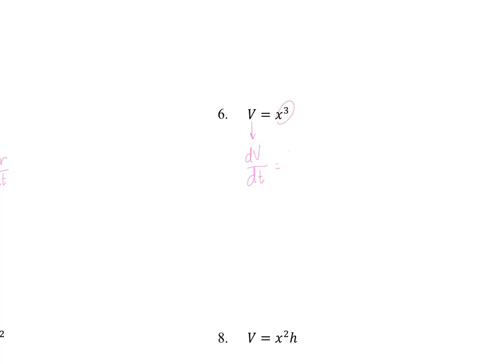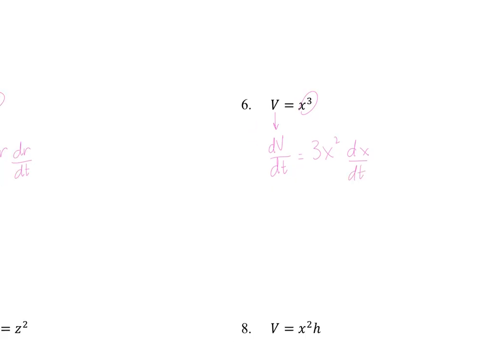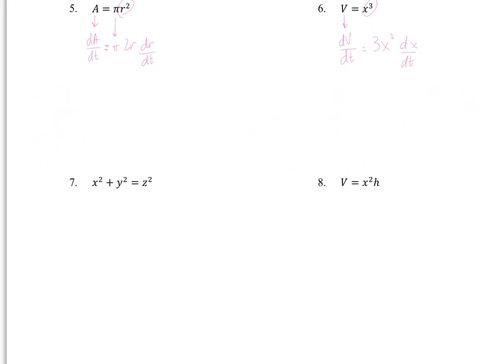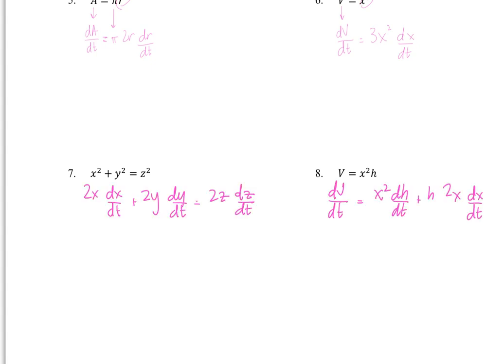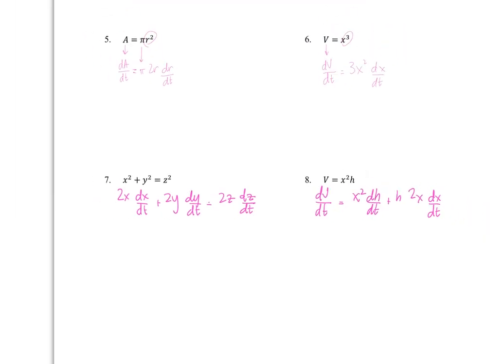And then this is 3x squared, but it's the derivative of x with respect to t. You may want to just try the rest of these on your own, and then check with my answers, which are right here. Turn the page.